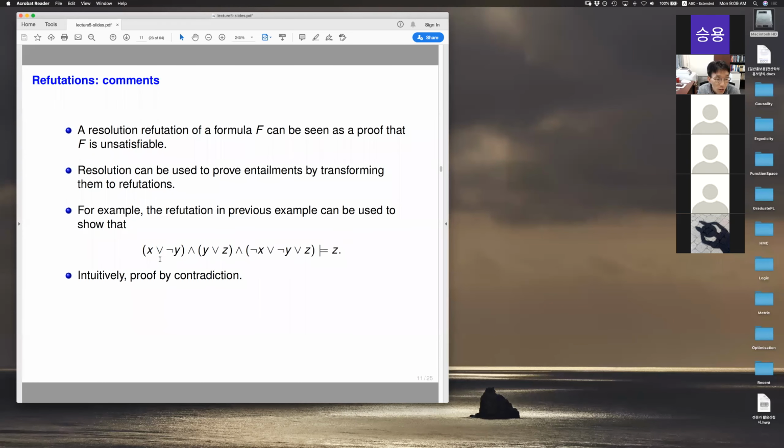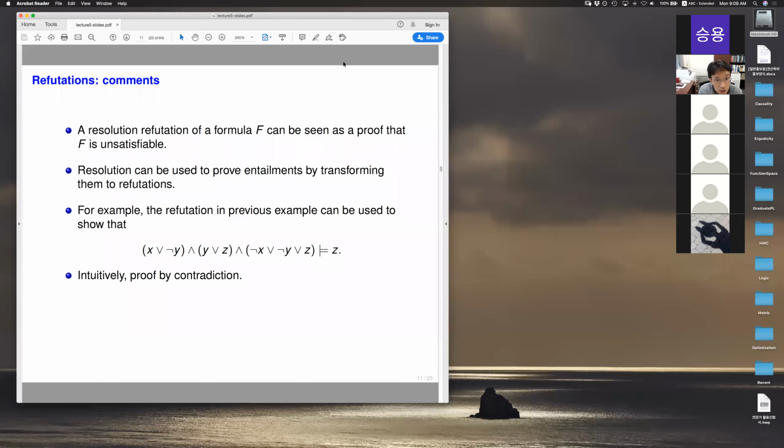For example, if you want to prove this, the conjunction on the left-hand side of this entailment, the semantic implication, left-hand side semantically implies the right-hand side.